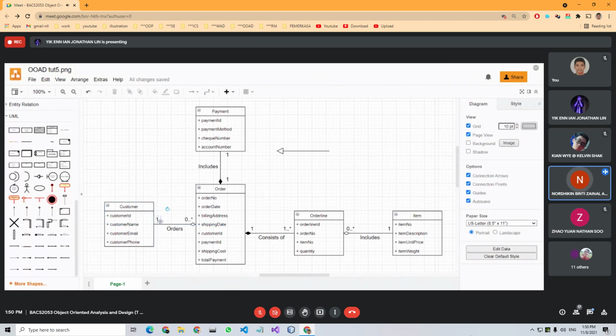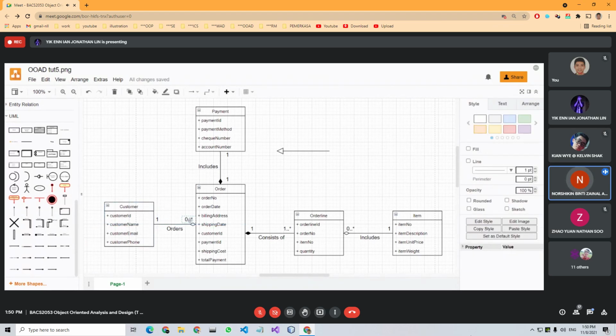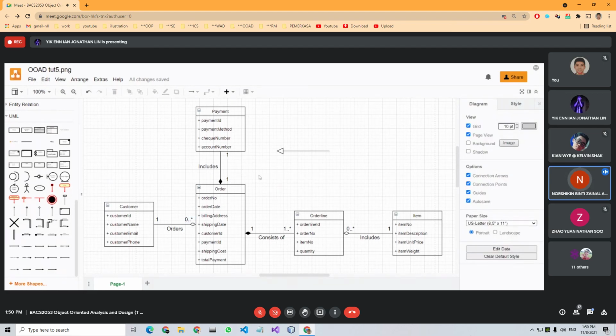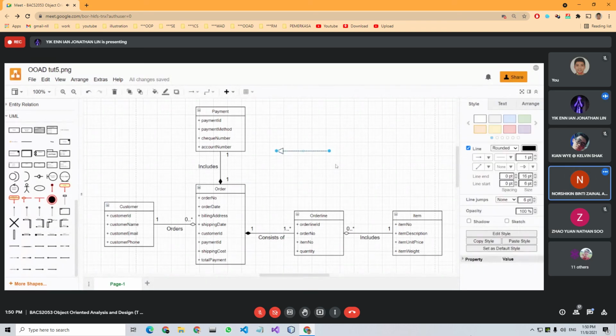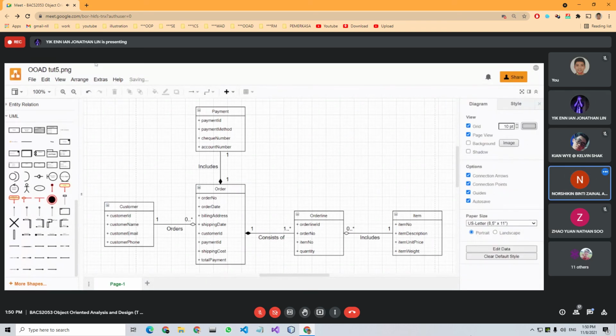The arrowhead has to point to the right class. That's why in your assignment I ask you to list the multiplicities after your diagram, so that I can know if you know how to read them. If you use the other way around, it is wrong. It won't be the same.